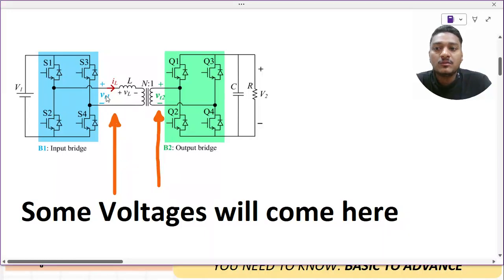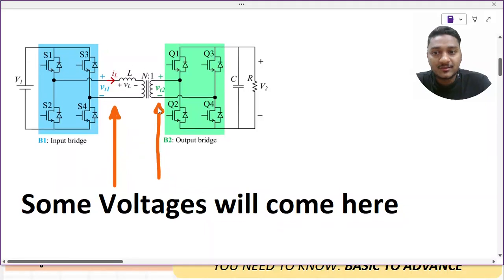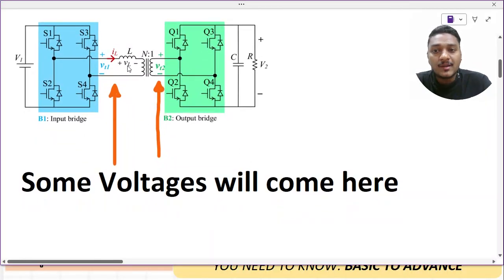We can derive this, but as of now we are not interested in the nature of the voltage at this point. We want to know: if these voltages are there, what do we need to do next? Some voltages will come here, so just keep this point in your mind.